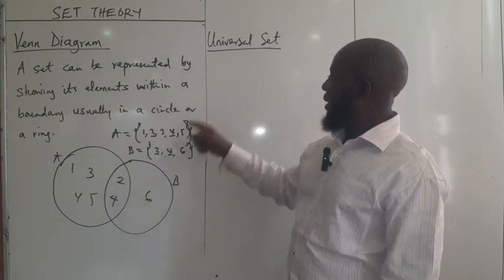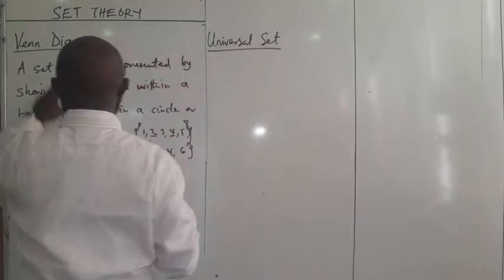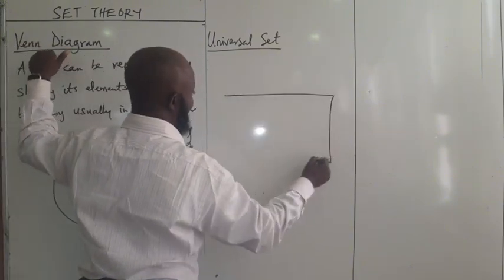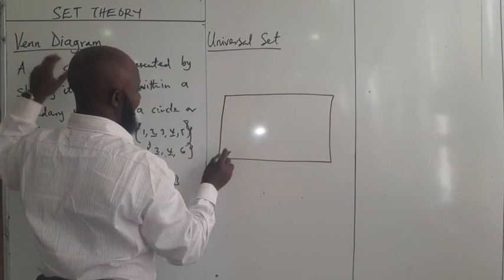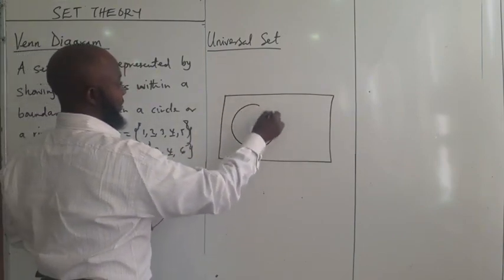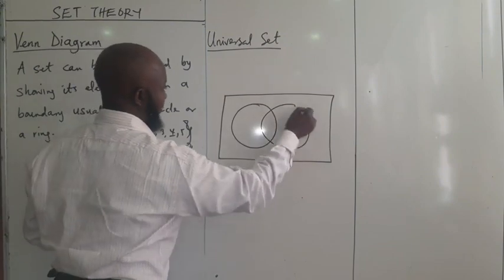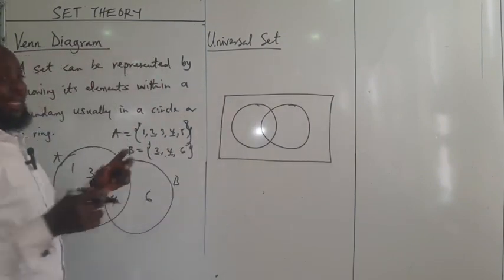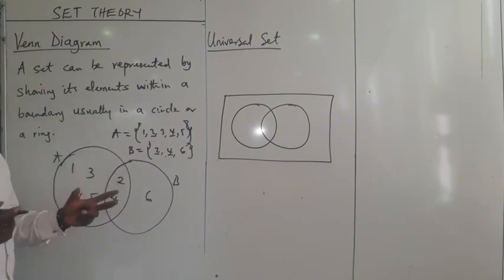To represent the universal set using a Venn diagram, it will be in rectangular form. All these will now be embedded in the rectangle. This will be the universal set. The universal set has its own symbol.